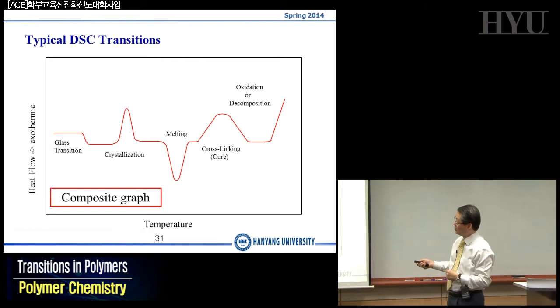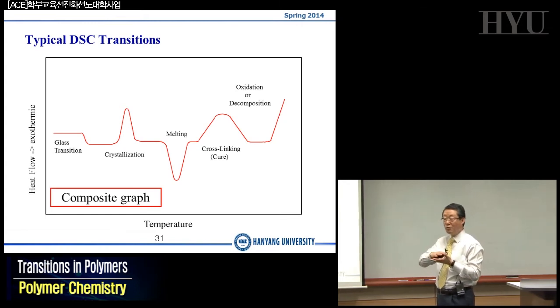That's why we regard this as an exothermic reaction. And melting is the opposite, because your crystalline portion will be moving, so in order to move those crystalline portions, you have to absorb heat from the surroundings into the system.